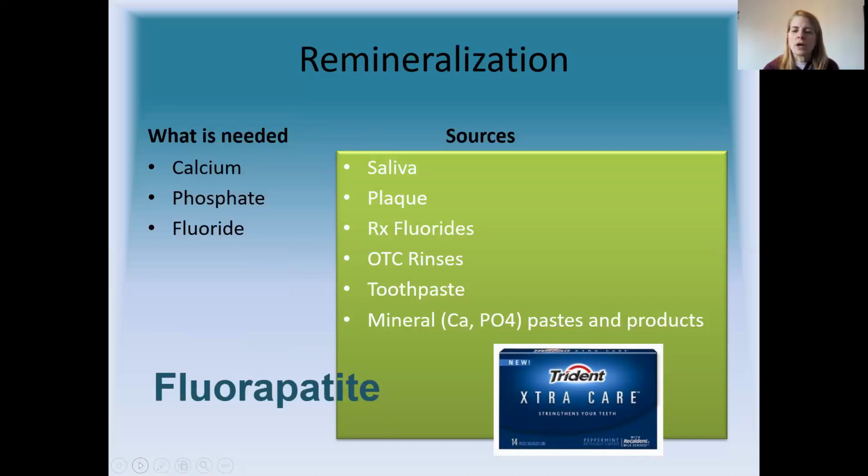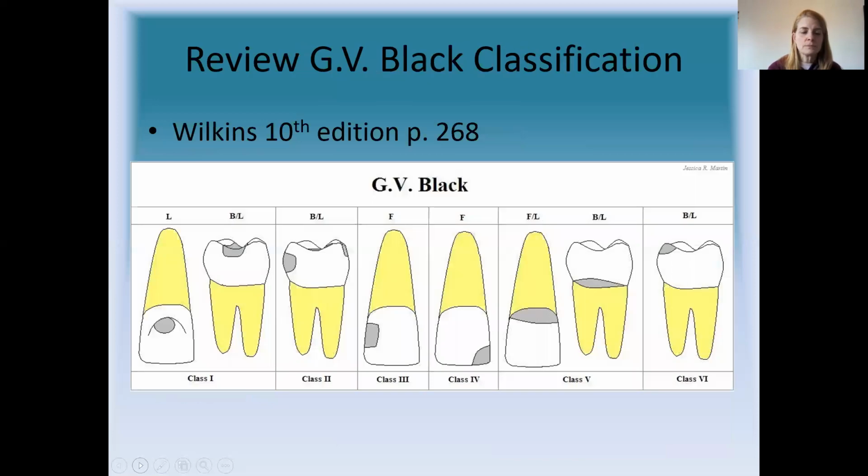There are fluoride prescriptions, Prevident 5,000 parts per million prescription toothpaste, over-the-counter rinses, toothpaste, and some of our Recaldent or MI Paste products that have calcium and phosphate in them that are helpful for the remineralization process.